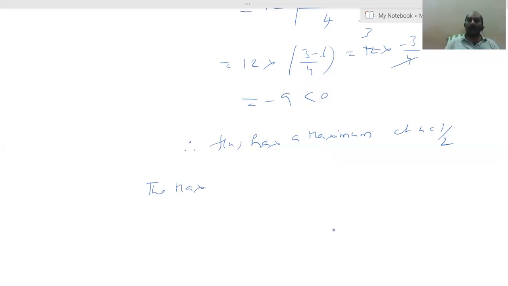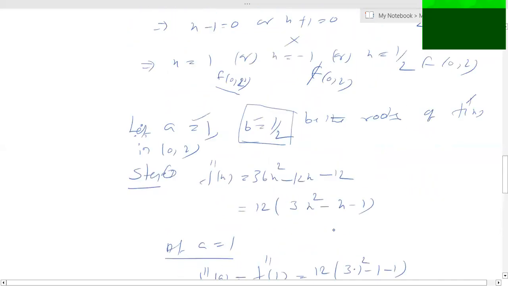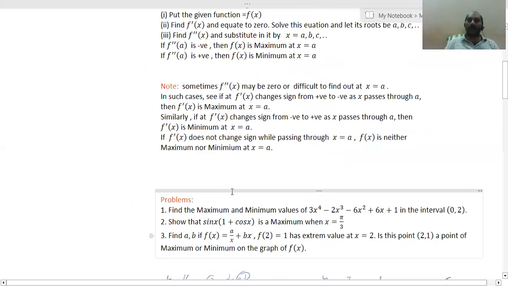Therefore, f of x has a maximum at x equal to 1 by 2. The maximum value: substitute x equal to 1 by 2. Maximum value is f of 1 by 2. In the function f of x, we substitute x equal to 1 by 2 on both sides.